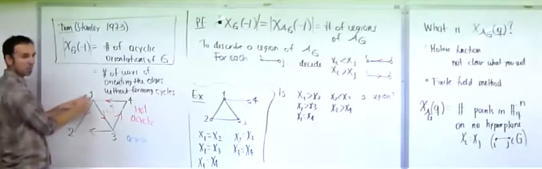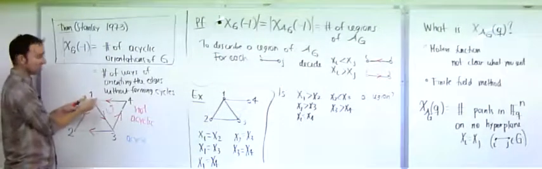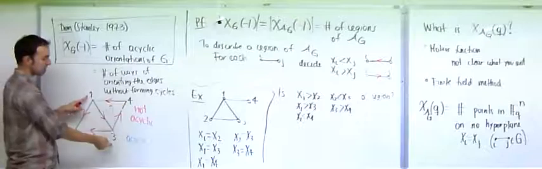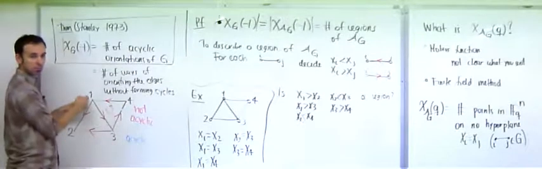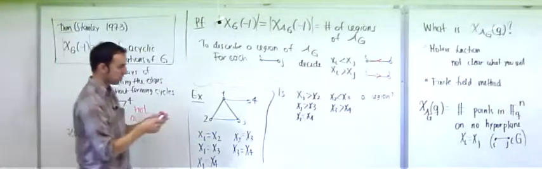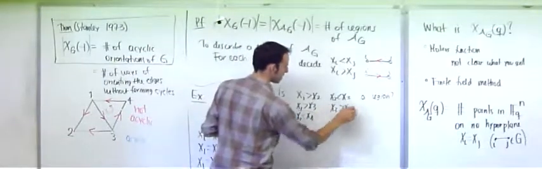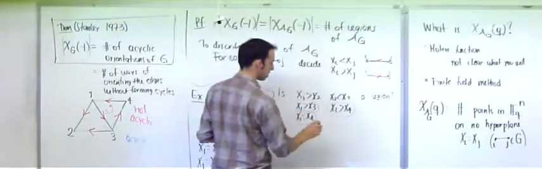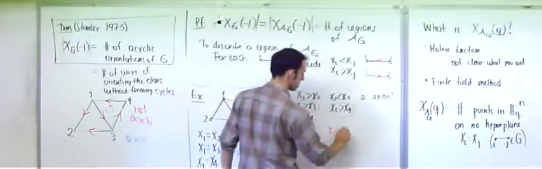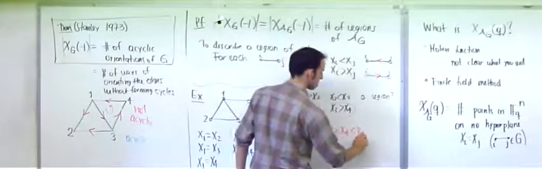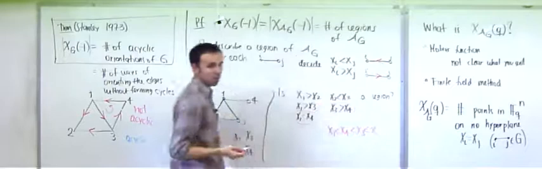This cycle is telling me, in your region, supposedly, x1 is less than x4, x4 is less than x3, x3 is less than x1. And you see those inequalities here. x1 is less than x4, x4 is less than x3, and x3 is less than x1. And that can't be.